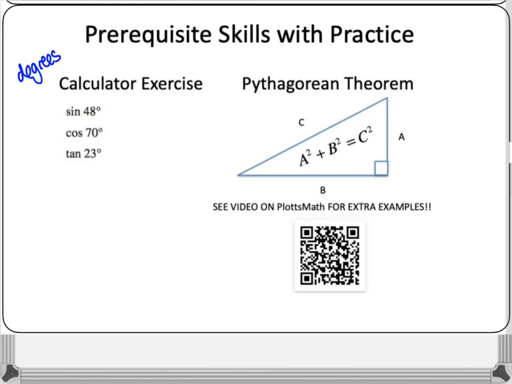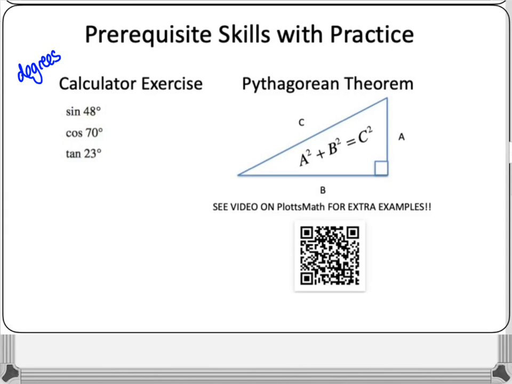It usually says something like DEG on there. If it says RAD, that's radians, and we're going to get to that later, but we don't want that right now, okay?